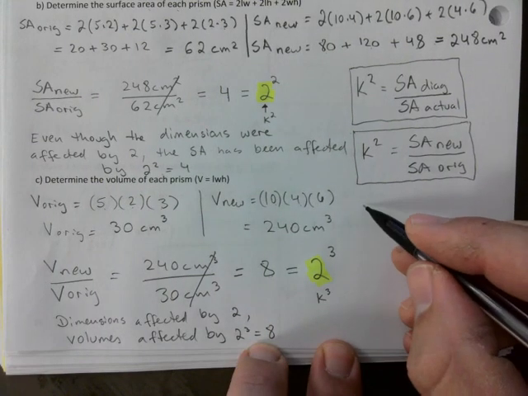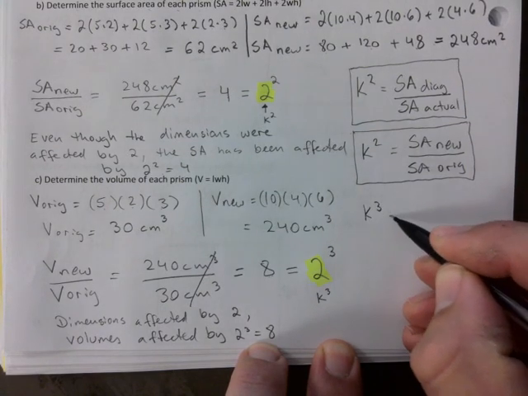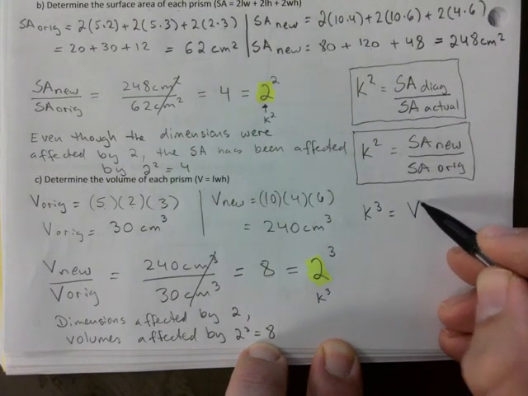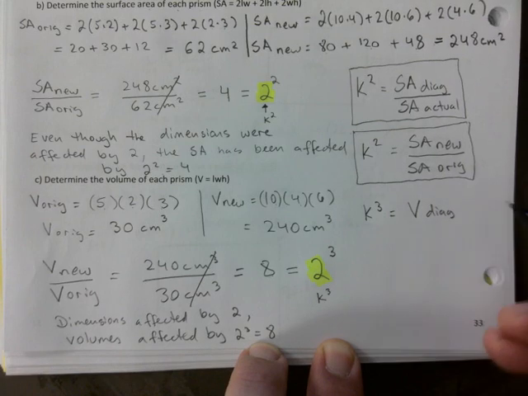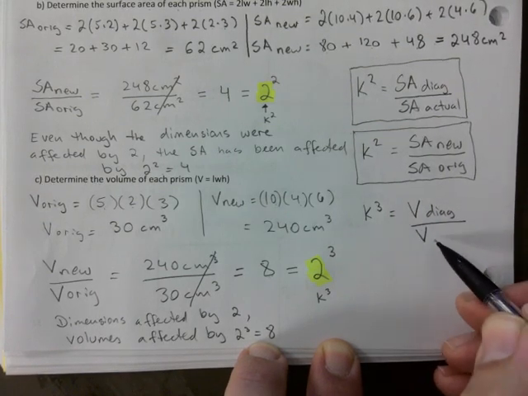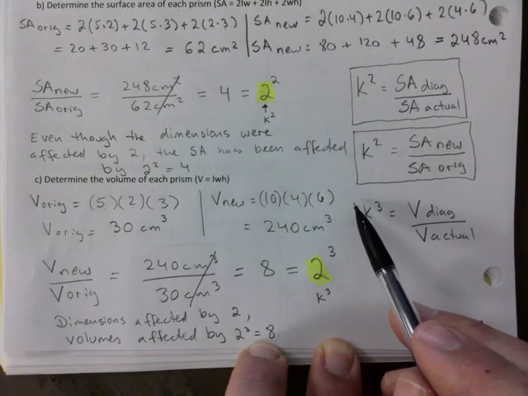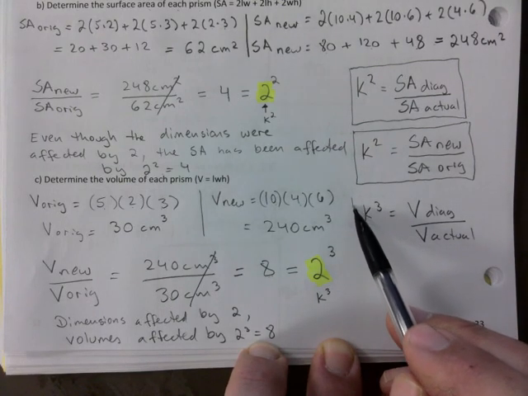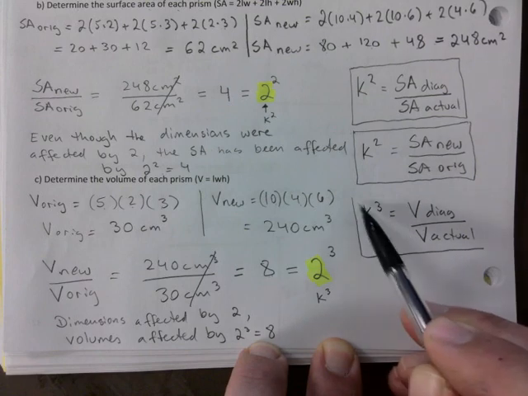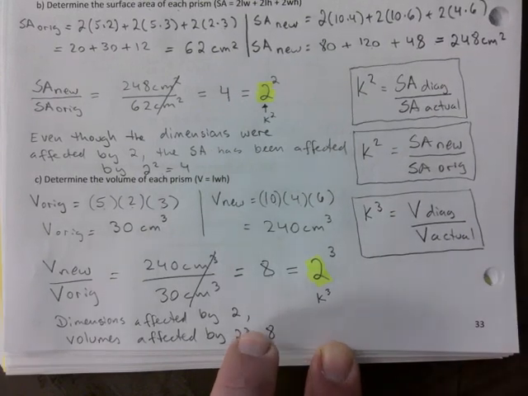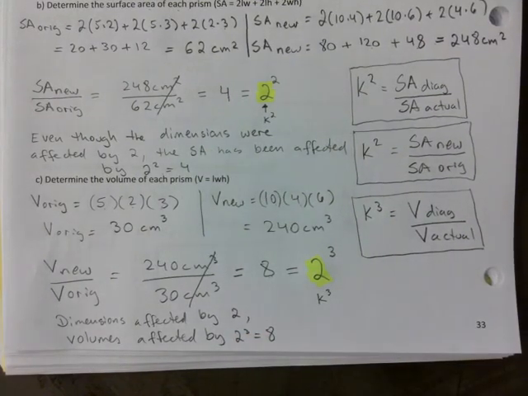So here, these are the formulas. K cubed is volume of diagram over volume of actual. Sometimes students will miss the fact that we're talking volumes, like milliliters, for example. Milliliters in a can, that's volume.